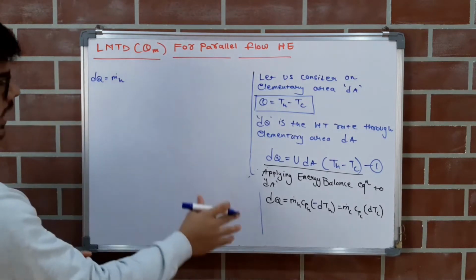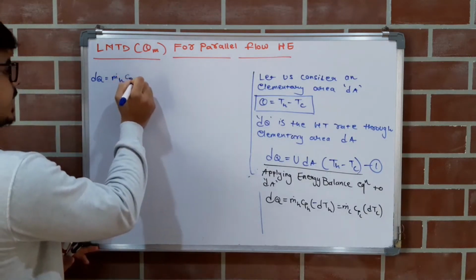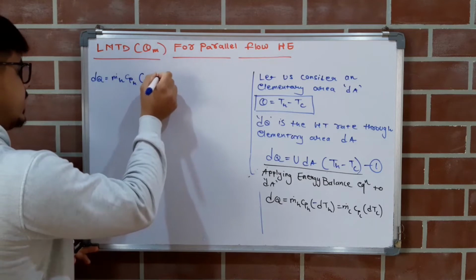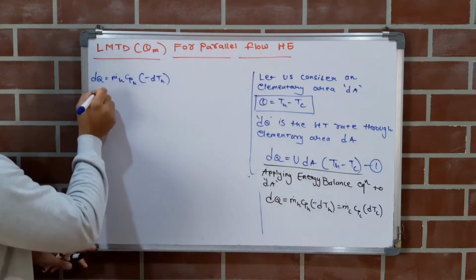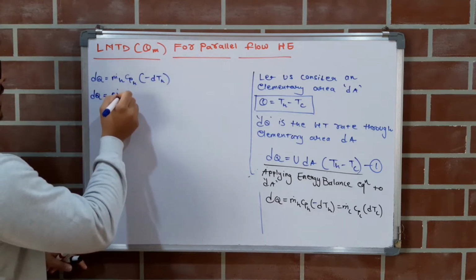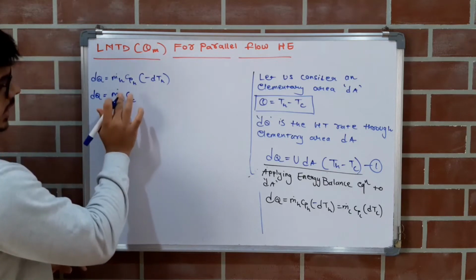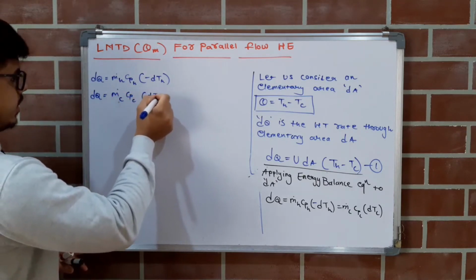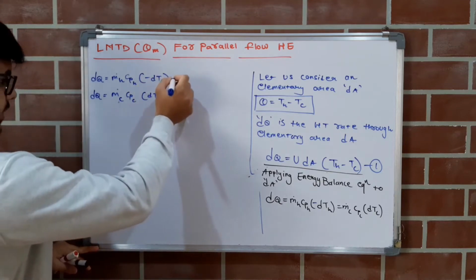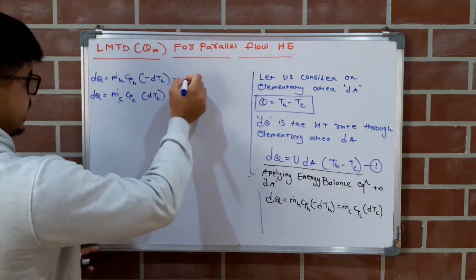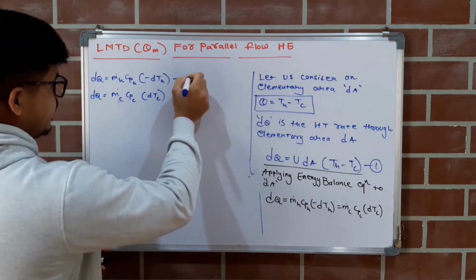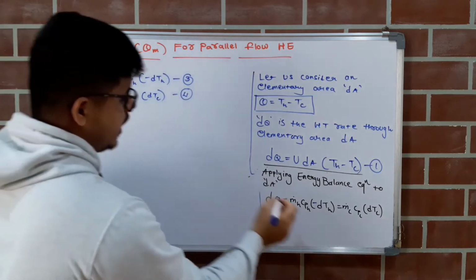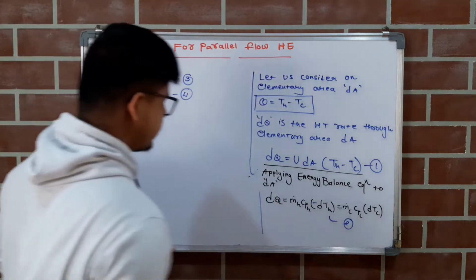So dQ is m dot h into Cph into minus dTh, and also dQ is equal to what? m dot c into Cpc into dTc, right? So let us mark this equation as equation number 3, this is equation number 4, and this is equation number 2.